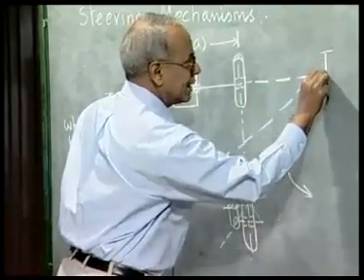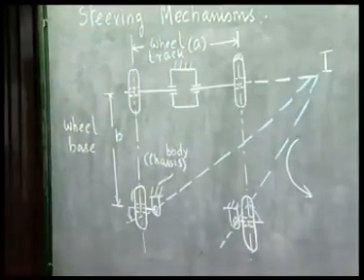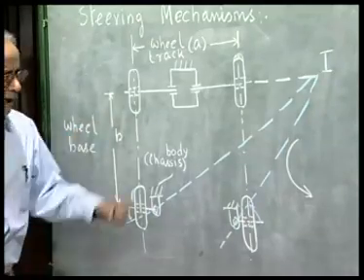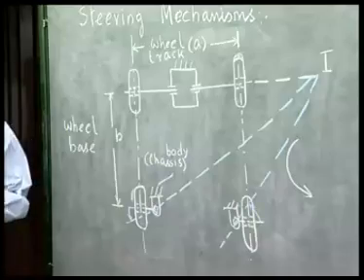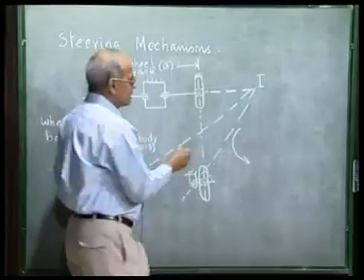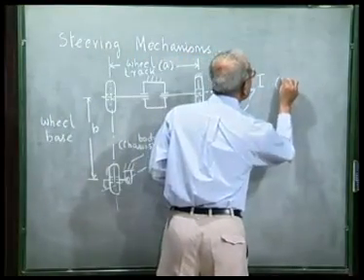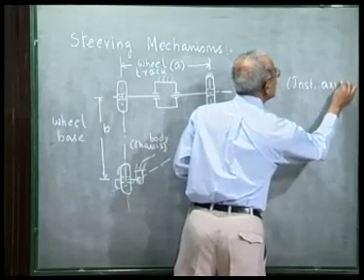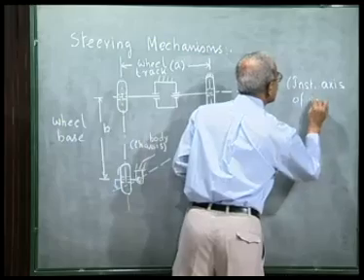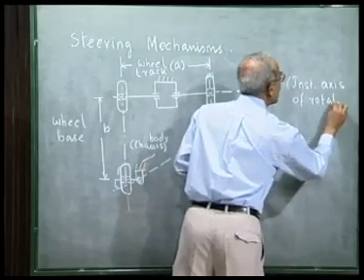Let me call it I. That is, this I is the instantaneous axis of rotation for the entire car body as a rigid body. So this is the instantaneous axis of rotation for the car body.